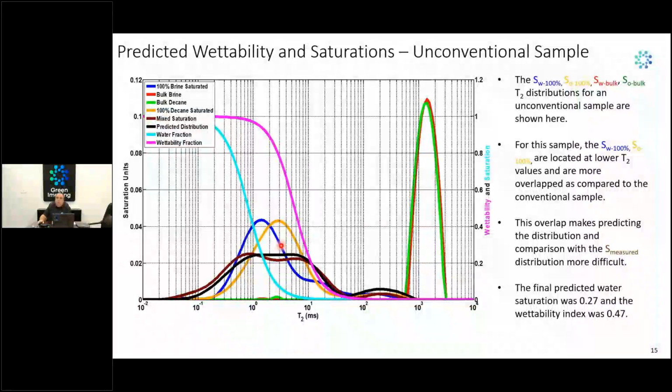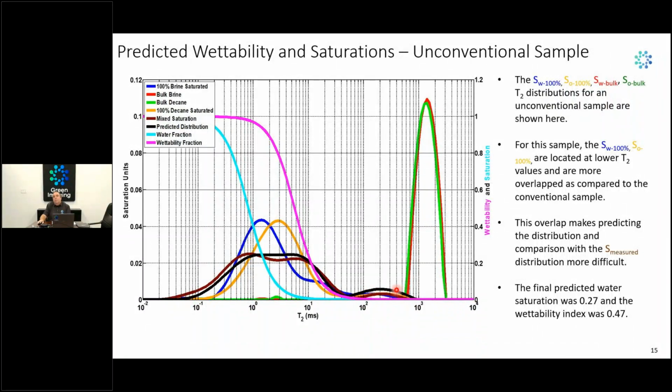In addition, the bulk brine and the bulk oil T2 distributions were much more overlapped. But nonetheless, the model worked. The H and W functions that we arrived at were able to predict a good T2 distribution that matched very closely the measured T2 distribution for a mixed wettability unconventional sample.